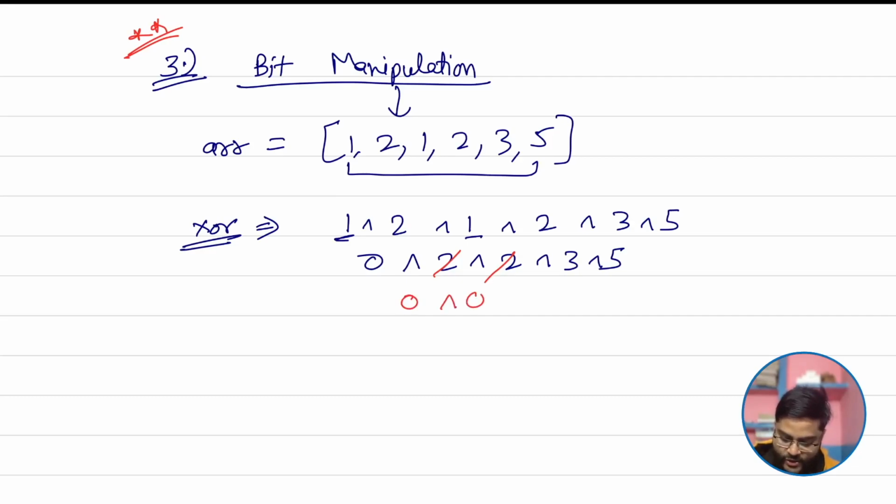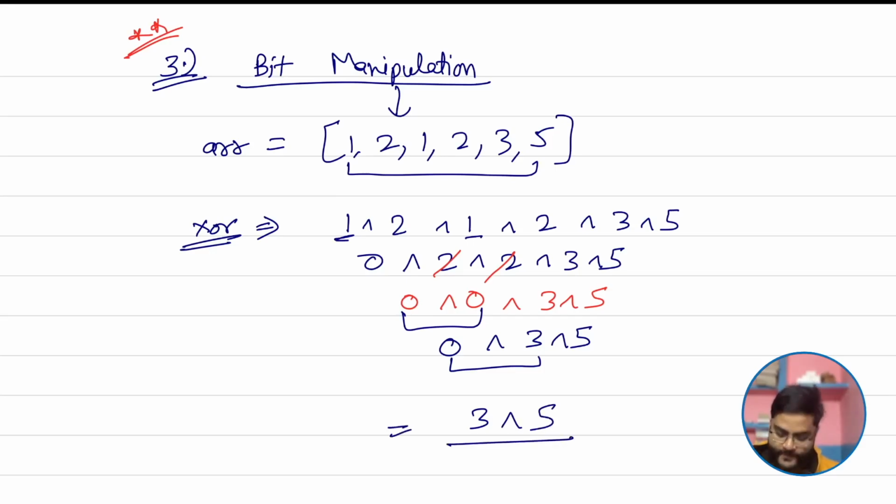So 0 XOR 0 XOR 3 XOR 5, and 0 XOR 3 will be 3 only. So at the end we will be left with 3 XOR 5.